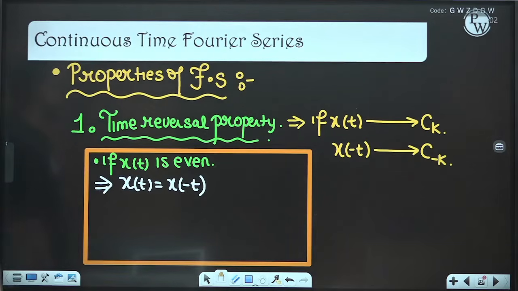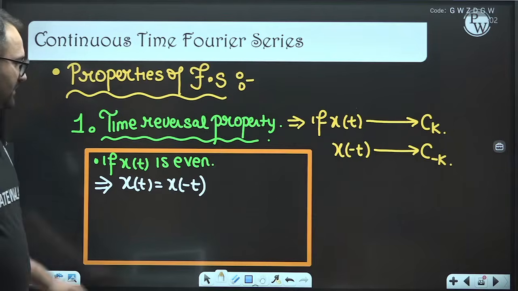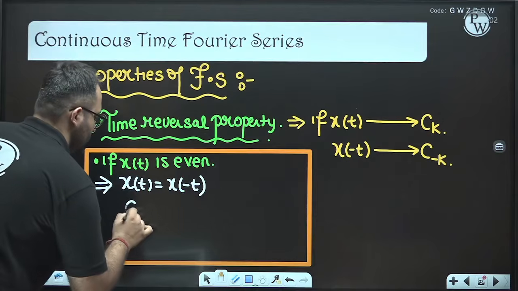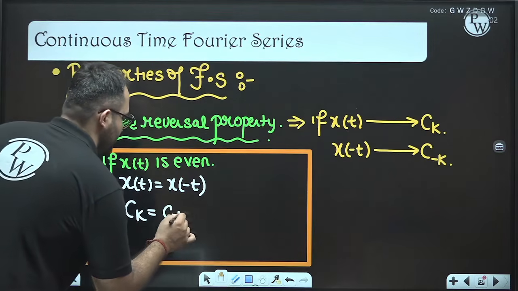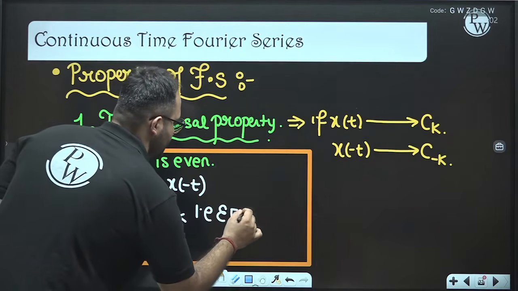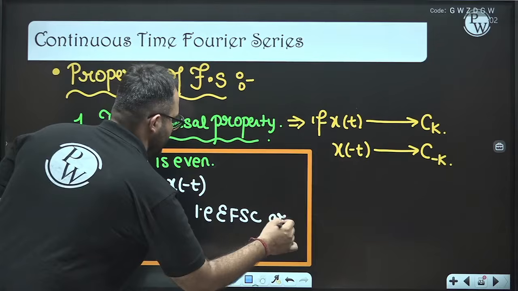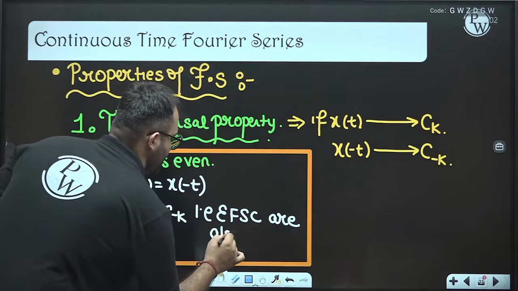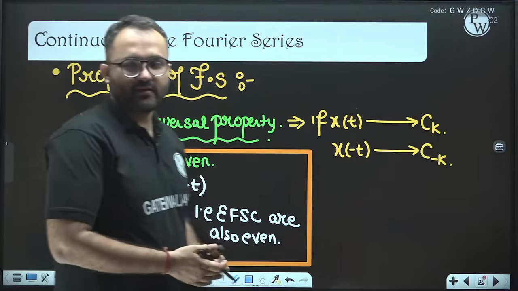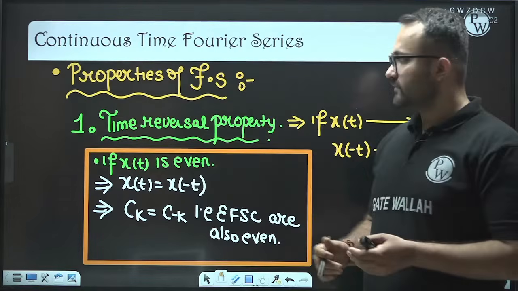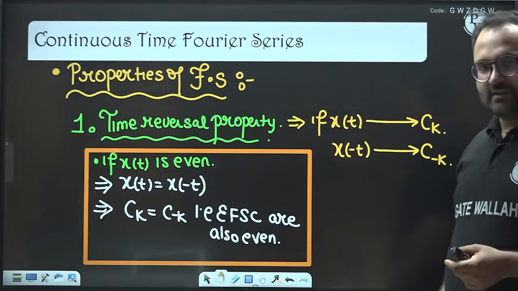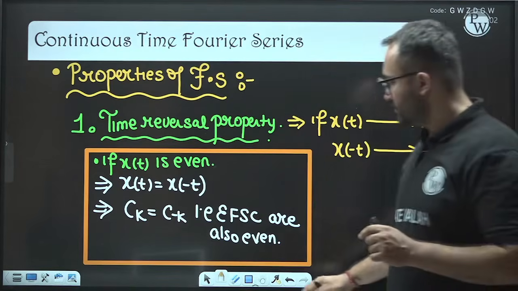Then using this property, we can say that ck is equal to c of minus k. That is, the exponential Fourier series coefficients are also even. So if the signal is even, then the exponential Fourier series coefficients will also be even. This is the first point for when the signal is even. Now there is one more point here.